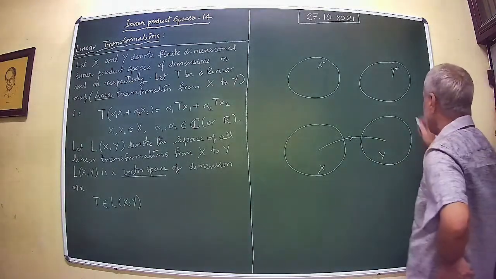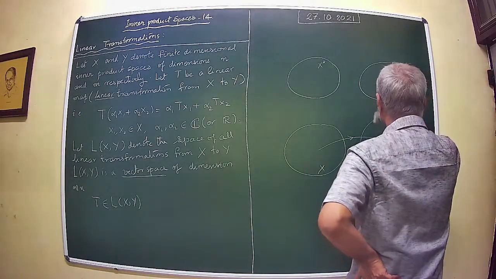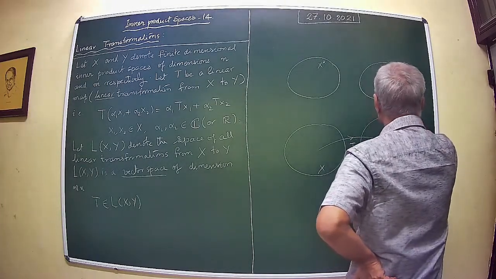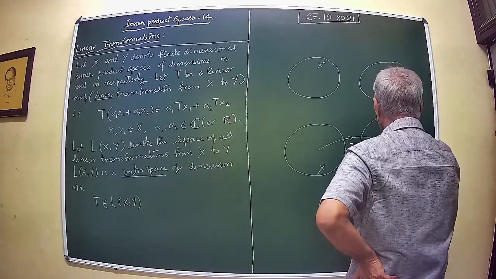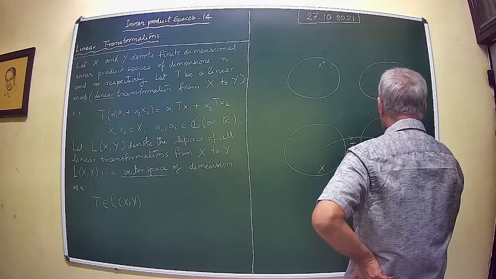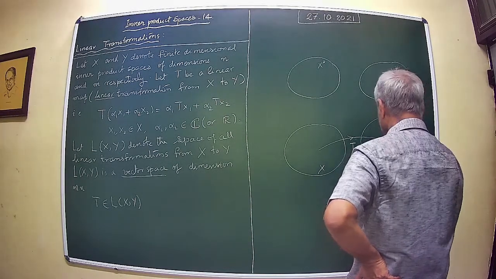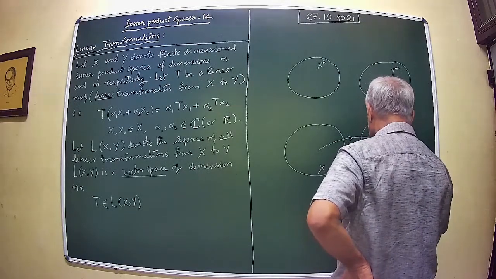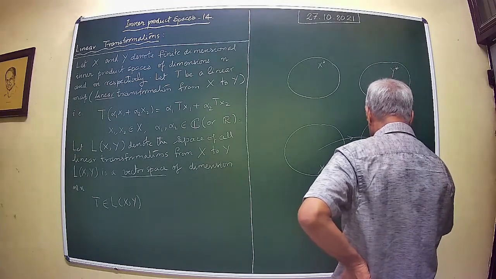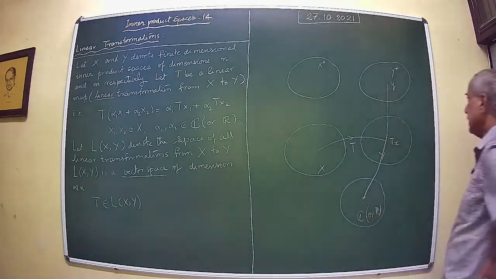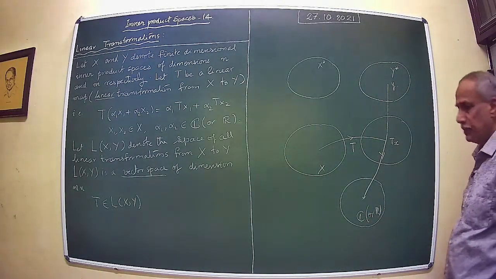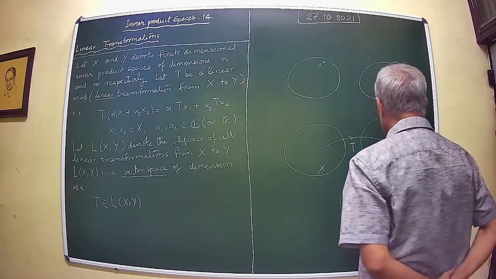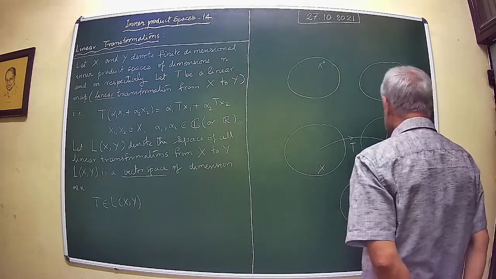Now you see that you can find a vector y belonging to Y which maps the vector Tx to some scalar. It's a linear map. Okay, this is a linear function. So this defines a linear function.